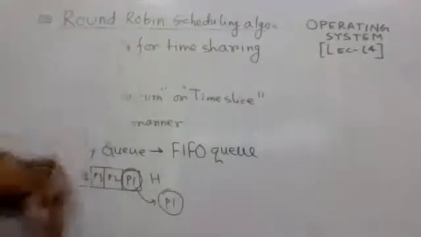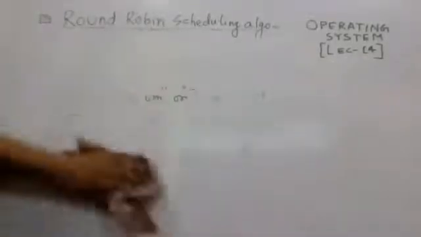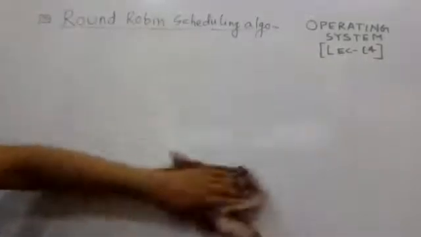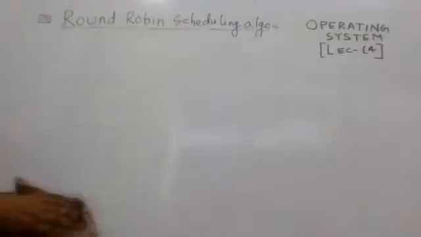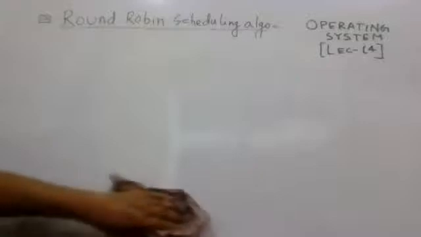Now see what is the criteria of this algorithm. Criteria means on which basis we have to start the algorithm.